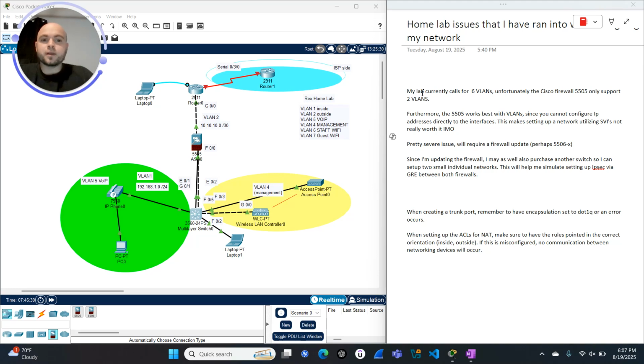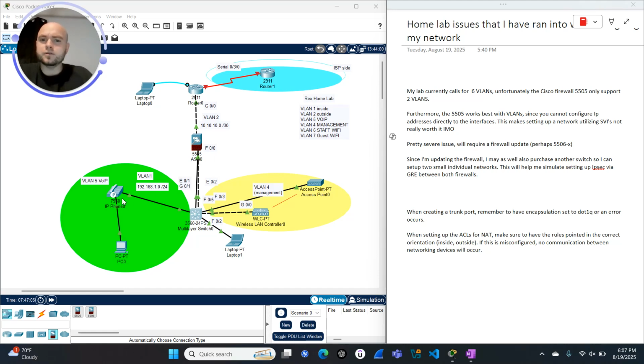So the first thing is my lab calls for six VLANs. Unfortunately, I didn't know this, because it's not something you think about if you've never actually touched the equipment. But I quickly found out, after configuring the Cisco ASA 5505 firewall, that I configured VLAN 1 and VLAN 2, so I had two VLANs configured on this firewall.